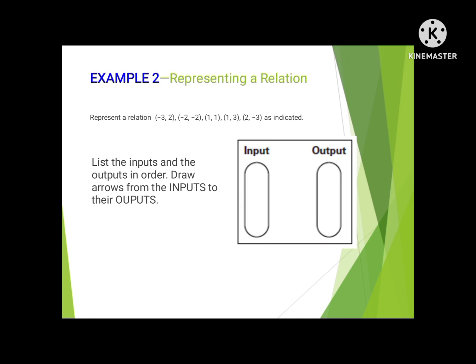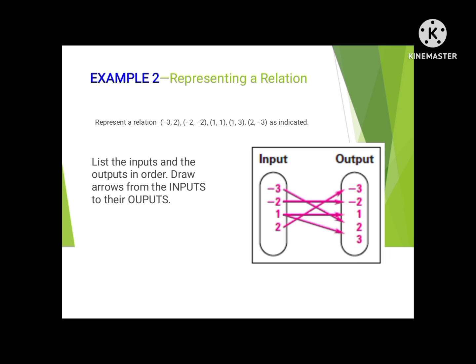Another example. List the inputs and the outputs in order. Draw arrows from the inputs to their outputs. Let's see. Here we can see in the input we have -3, -2, 1, and 2.